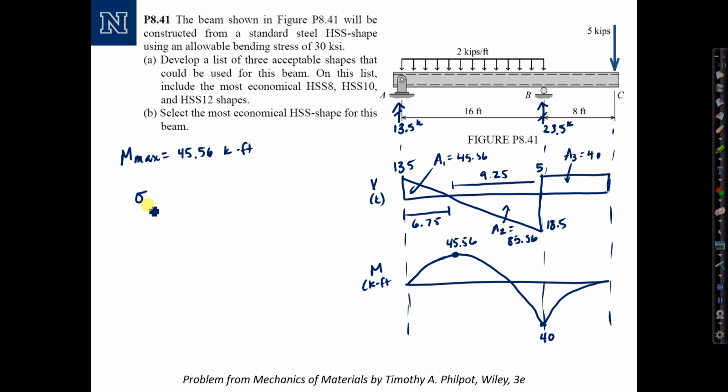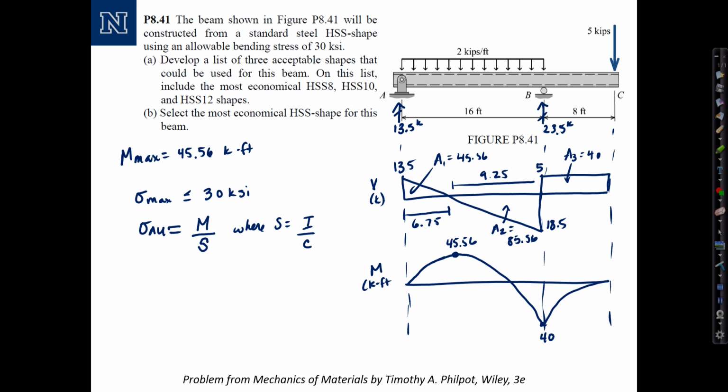Okay, so for design, we want to choose the cross-section properties that will satisfy the criteria, which is that sigma max must be less than or equal to 30 KSI. That's the allowable stress. So we'll say sigma allowable equals M c over I, or equivalently M over S, where S is the section modulus equal to I over c.